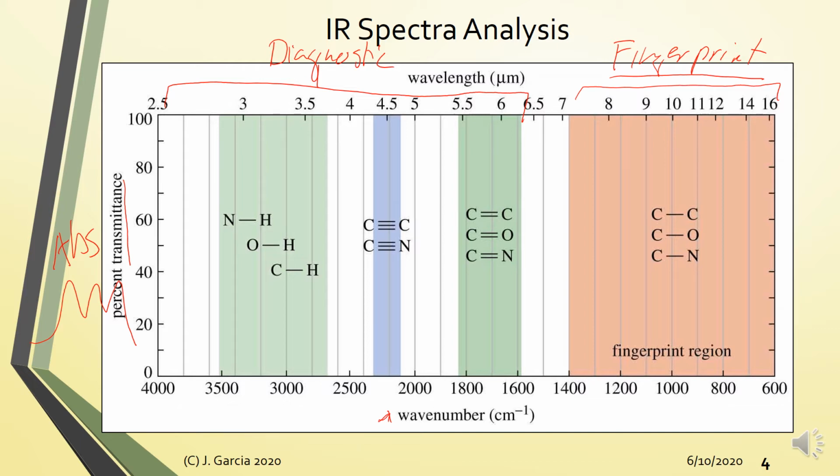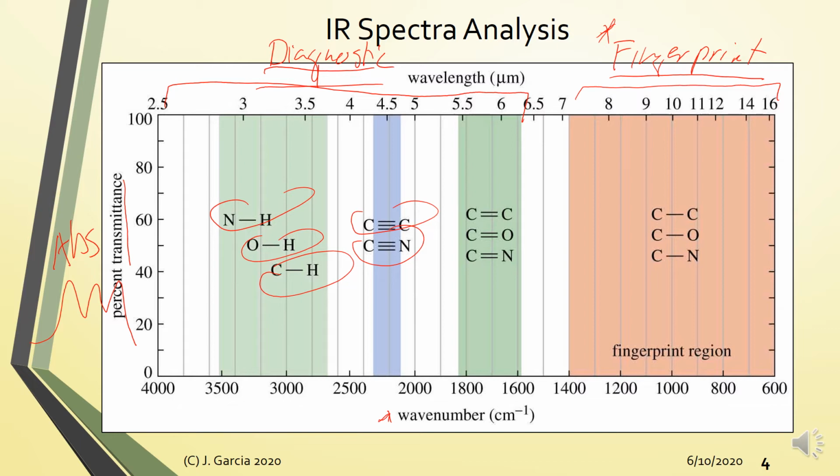So when you want to interpret an IR spectra, ang trick doon is you first look at the diagnostic region, all right, and identify which of these following functional groups could be present in your sample, before you look at the fingerprint region. Yung fingerprint region medyo mas mahirap itong i-decipher.